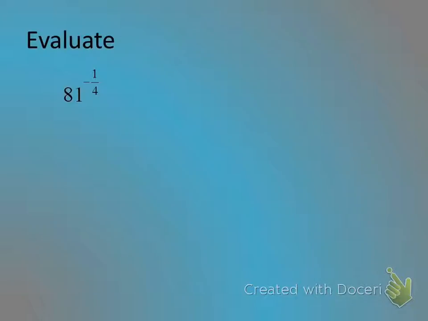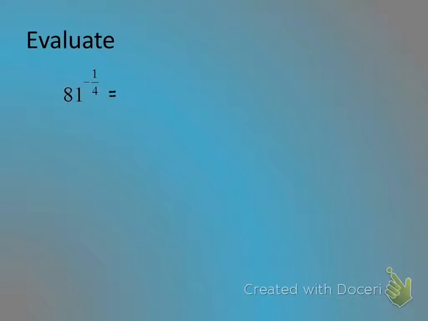Which one's negative? The negative power. Negative 1/4. Let's say the top. Doesn't matter. So there's a negative exponent. We see that, so let's simplify that first. What do you do? It's an exponent, not just a number.